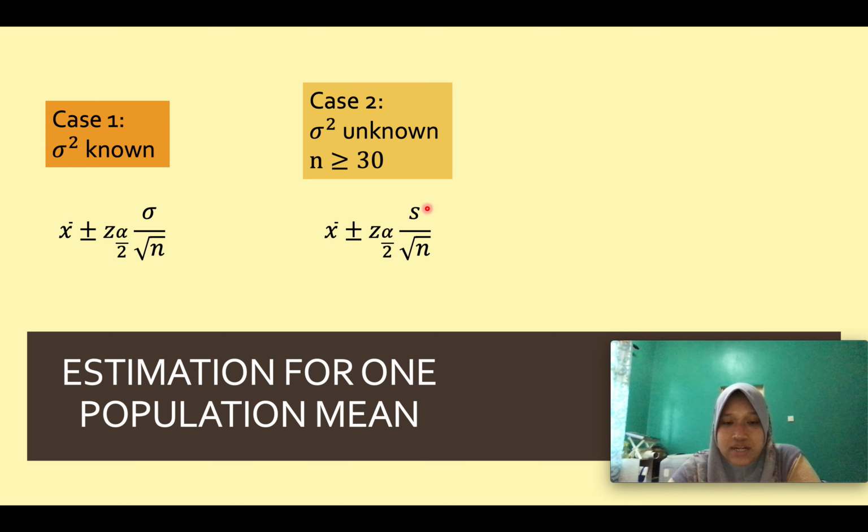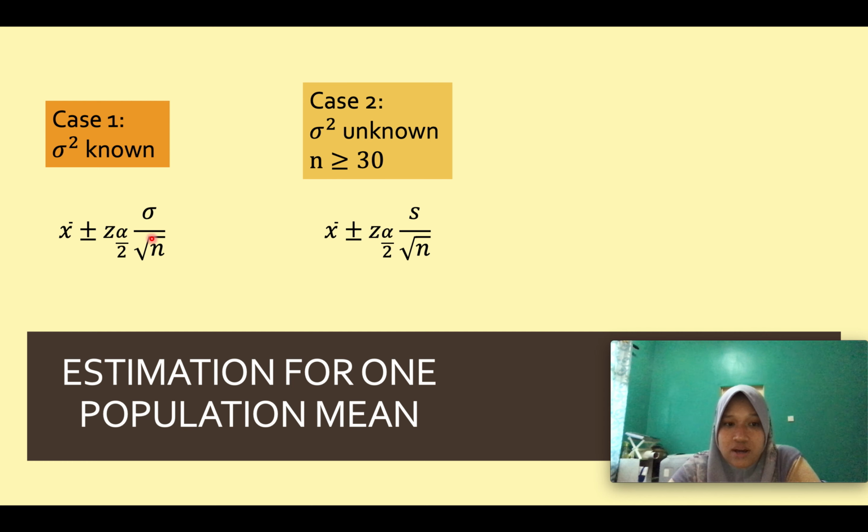So the difference between case number 1 and number 2 is that in case number 2 we do not know the value of the population variance or population standard deviation. We just have the information on the sample, but the condition is that n should be large, greater than or equals to 30.